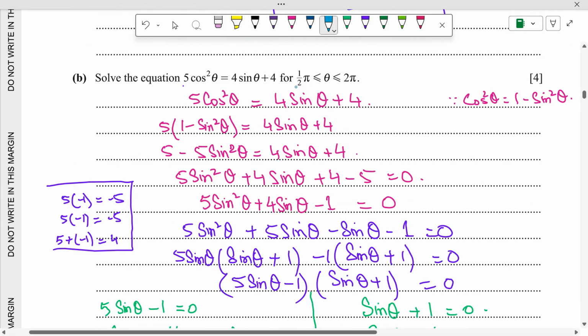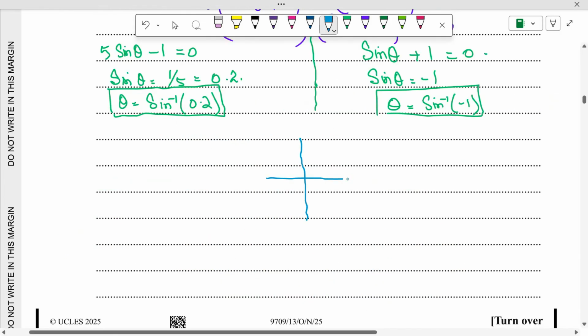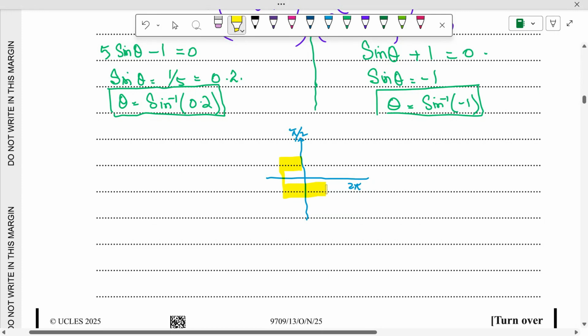It is given that theta should satisfy the given range, which is theta greater than or equal to pi by 2 and less than or equal to 2 pi. So this one is pi by 2 and this one is 2 pi. The given range should be from here to here, meaning the angle should be in the second, third and fourth quadrant, not in the first quadrant.